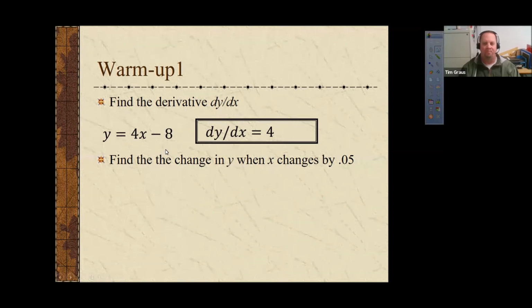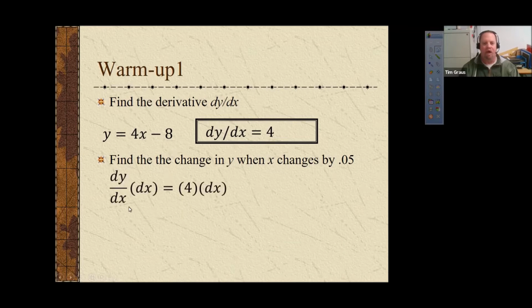To find how much the y value would change if we only go over by 0.05, we could take dy/dx, multiply both sides by dx, a very small change in x, and we get the change in y is equal to 4 times the change in x, or 4 times 0.05. And 4 times 0.05 is 0.2.